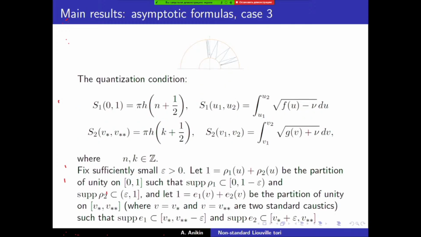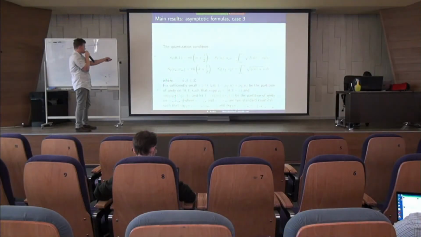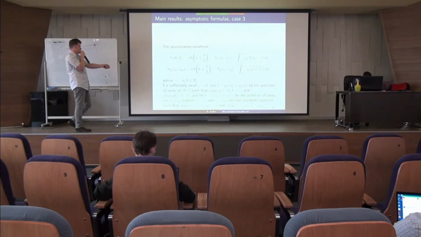And probably the most involved case is when you have two non-standard caustics and two standard caustics. Well, in this case, the quantization condition is a little bit different. And you also can have quite an explicit formula. Well, we have to pick a partition of unity.